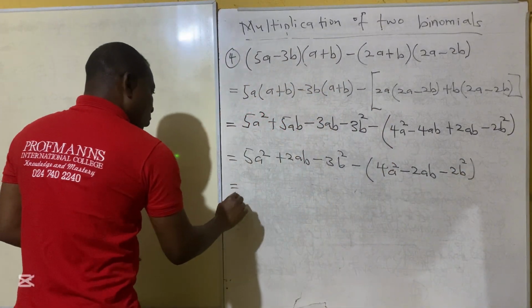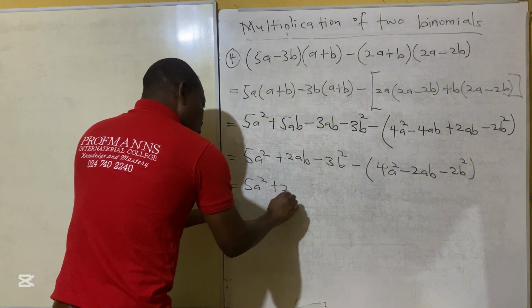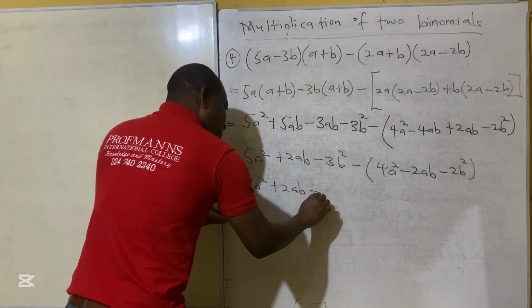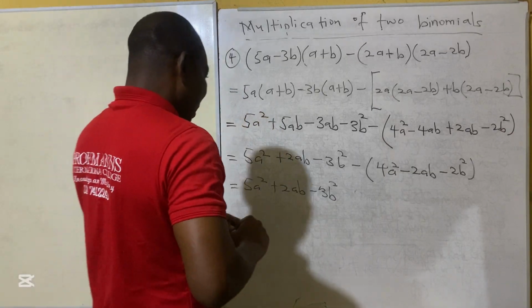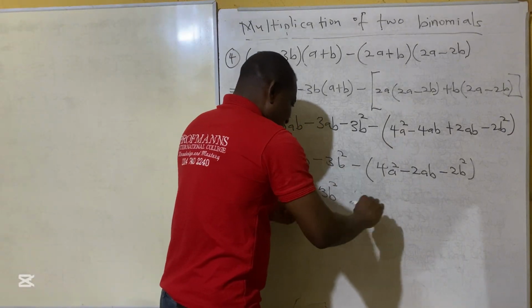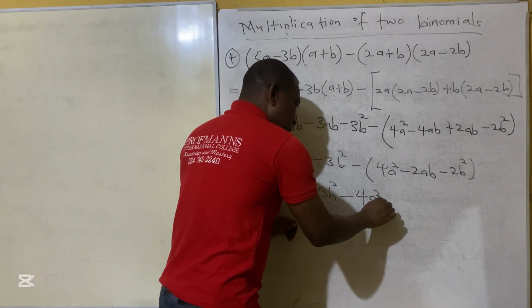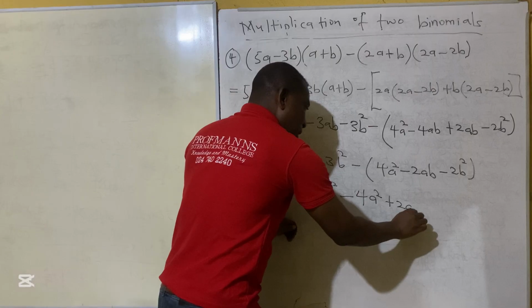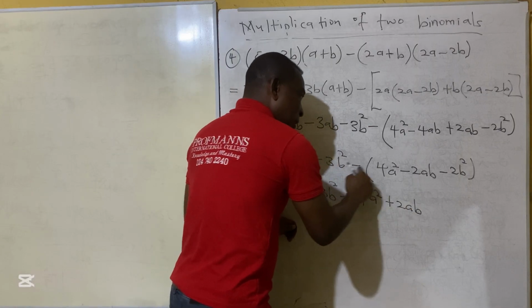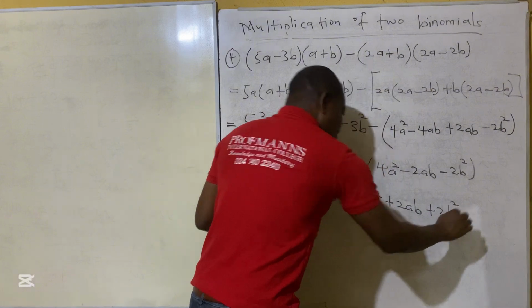So here this is equal to 5a squared plus 2ab minus 3b squared. Now, let us expand. This times that gives us minus 4a squared. Negative times negative gives us positive 2ab. Negative times negative gives us positive 2b squared.